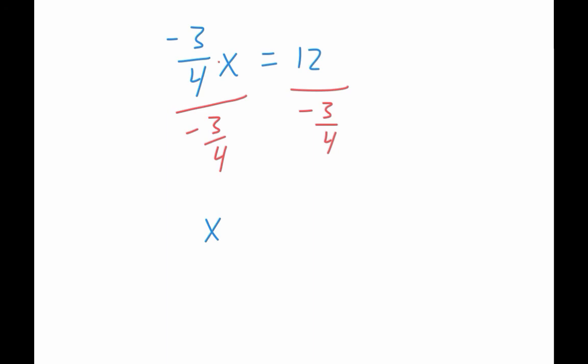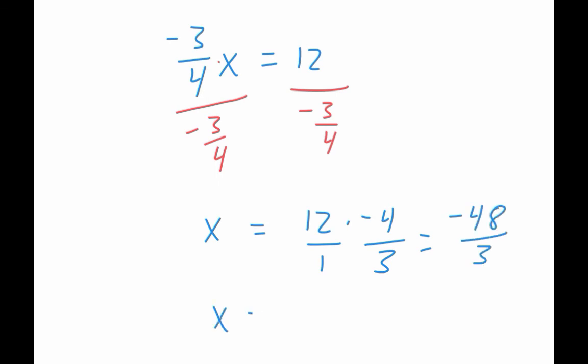If you're a purist and you want to say, well, that's going to be 12 times a negative 4 over 3, you could go through and then say, okay, that's negative 48 over 3, which helped me. Anyone? x is going to be a negative 16? Does that seem right? Because that'd be 30 plus 18, negative 48. So x equals negative 16. But as long as you know how to use your fraction key, you're welcome to use your calculator on ones like that too.